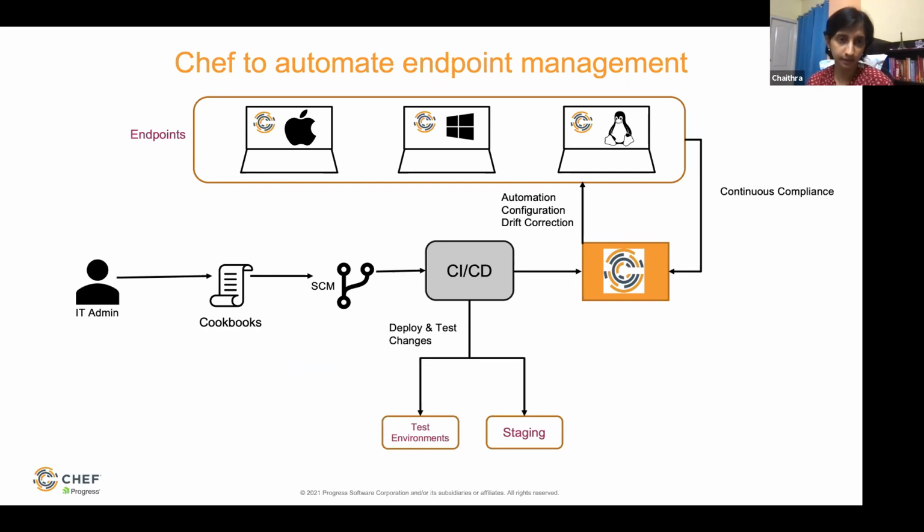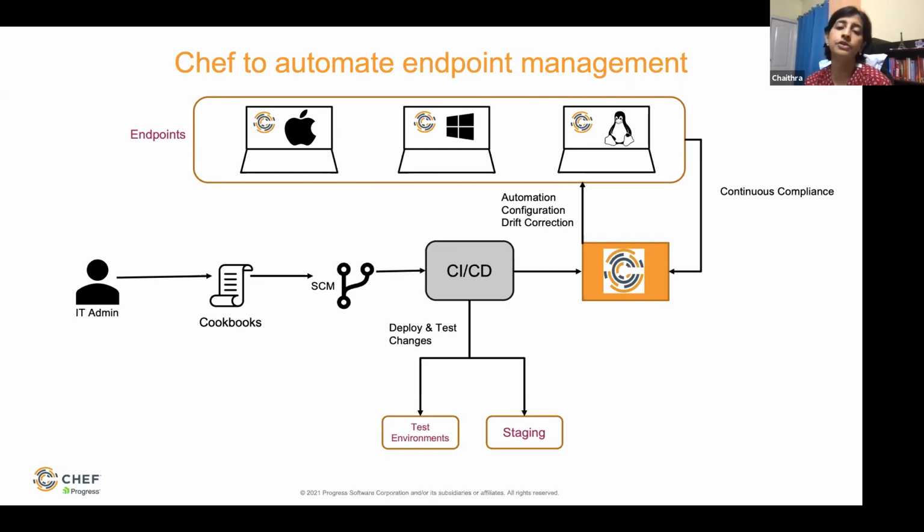Let me explain a little more on how the Chef workflow happens. An IT admin would typically write a Chef cookbook and push it to a source code management repository like GitHub, which would trigger a CI/CD pipeline, and then you could deploy and test all your cookbooks on environments, and then push these cookbooks to the Chef server.